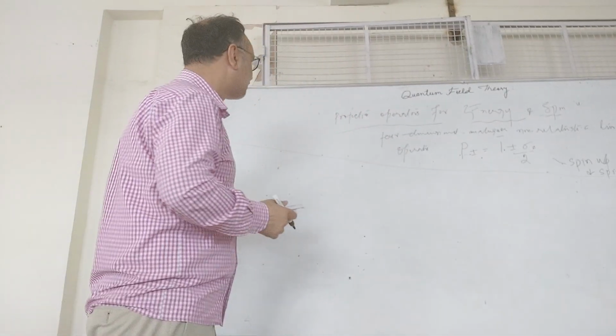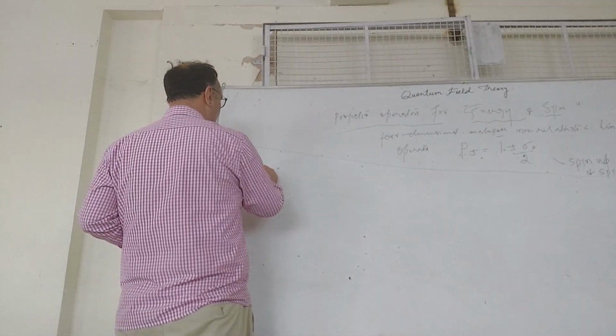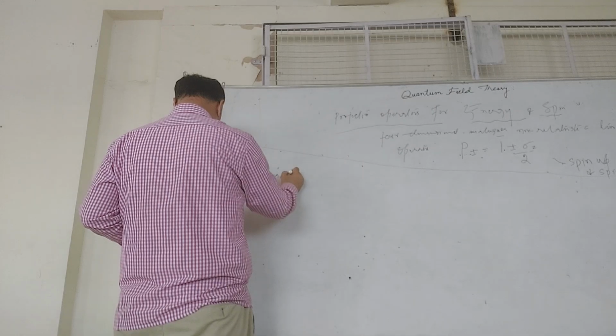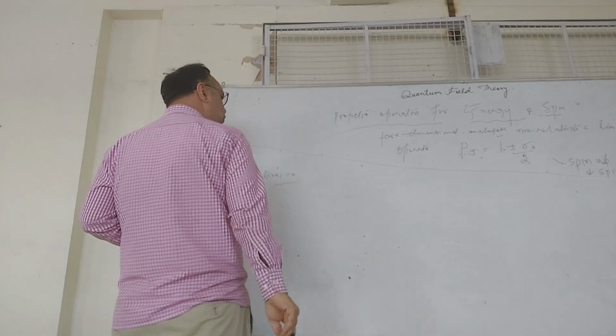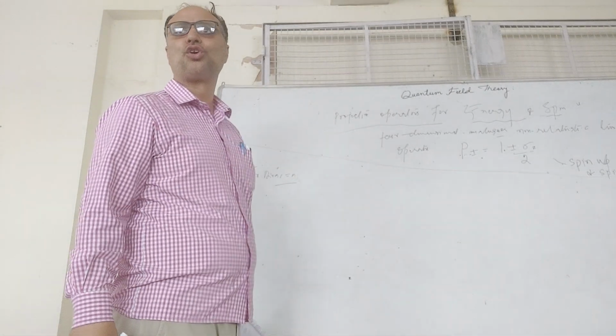So for the Dirac equation, we are going to search for our 4 operators.